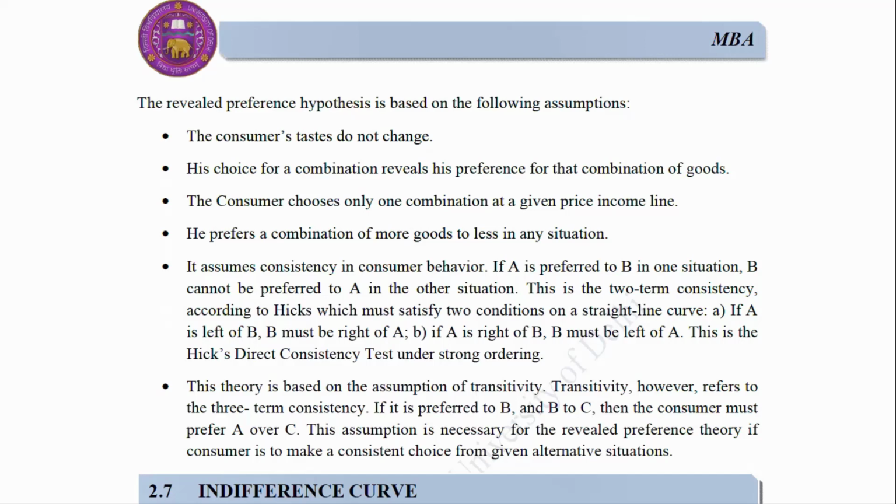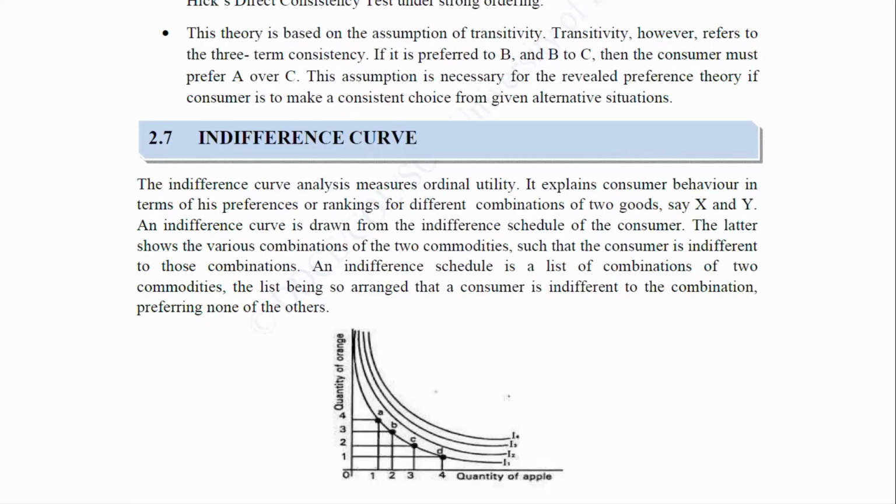Sixth, this theory is based on the assumption of transitivity. Transitivity, however, refers to the three-term consistency. If A is preferred to B and B is preferred to C, then the consumer must prefer A over C. This assumption is necessary for the revealed preference theory if the consumer is to make a consistent choice from given alternative situations.